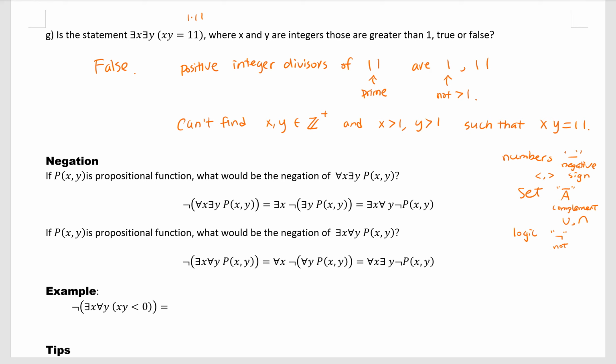The not flips the and, or, and it also flips the for all and there exists. Okay, this is some analogy.